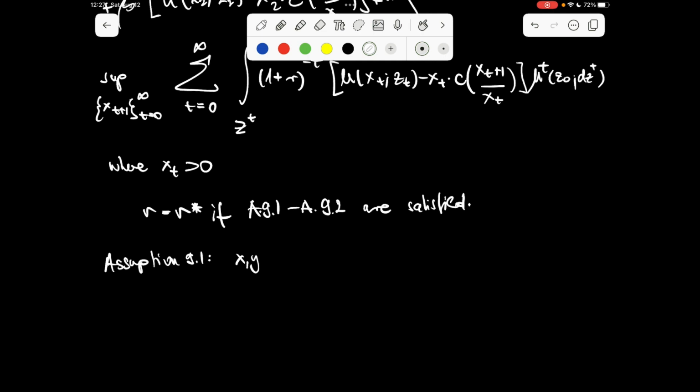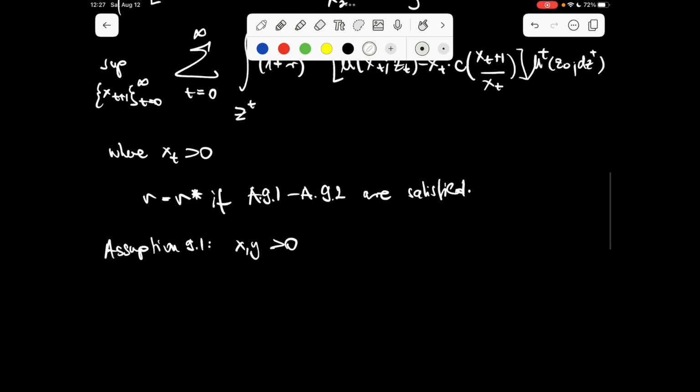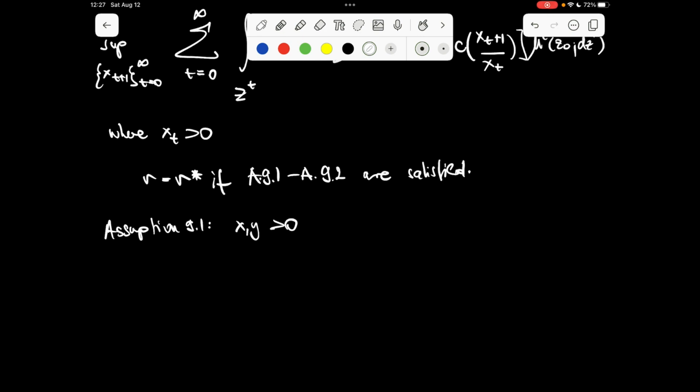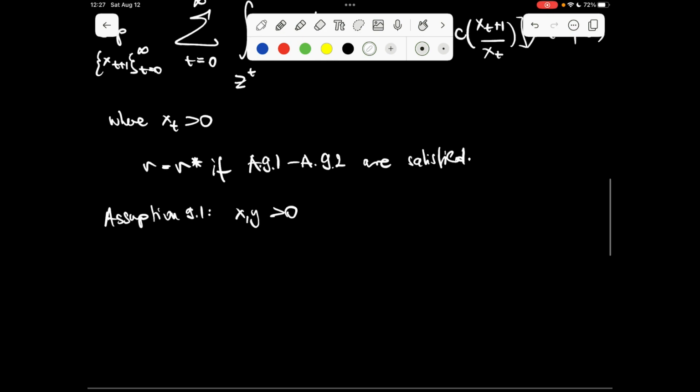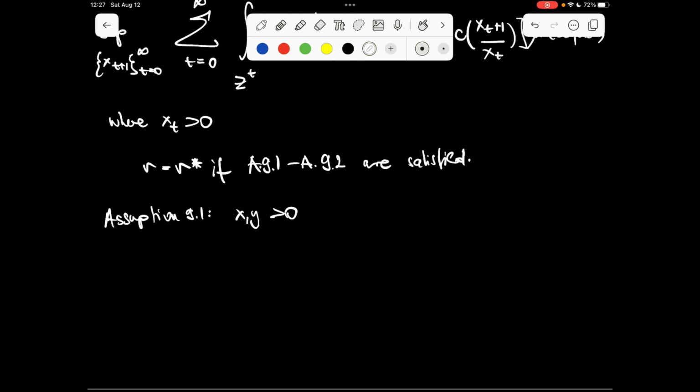On the one hand, the current capital stock and next period's capital stock must be positive. So in this sense, it's okay. But we need an upper bound. At this point, actually, we have no upper bounds.